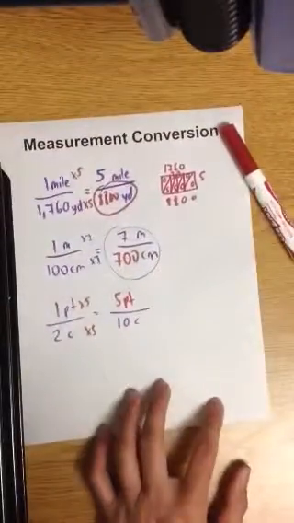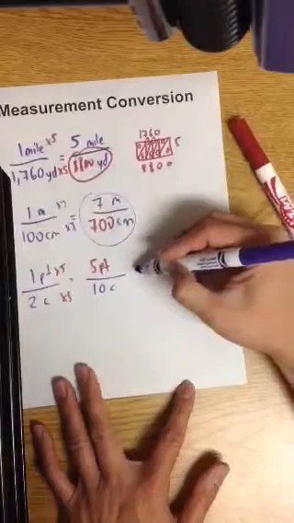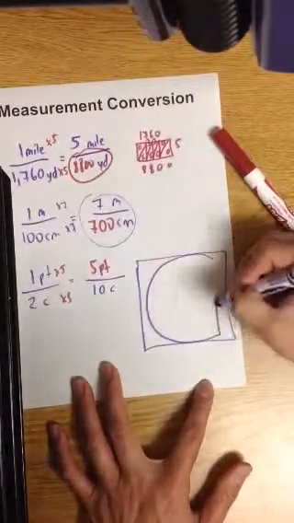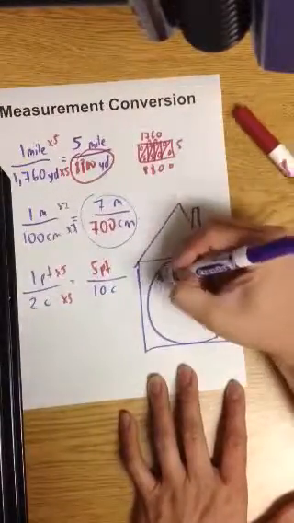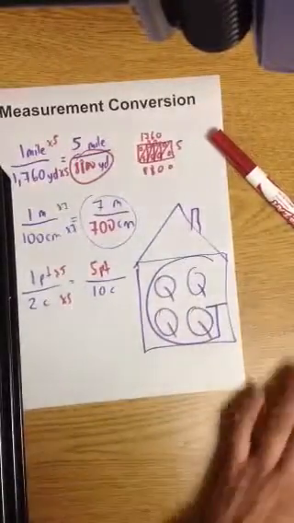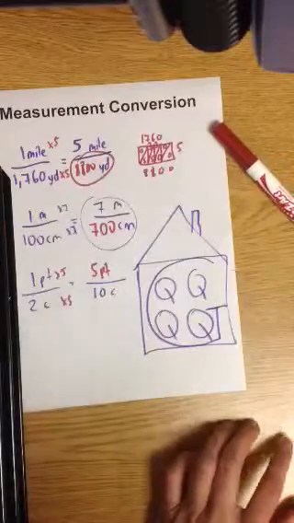There are different nuances. For example, for customary, there's such a thing called the gallon house. Some of you may have learned this last year. In this gallon house, you have 4 quarts or 4 windows, because 1 gallon has 4 quarts. Each quart has 2 pints.